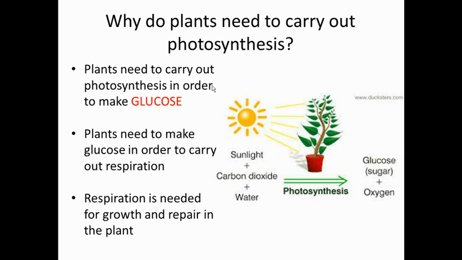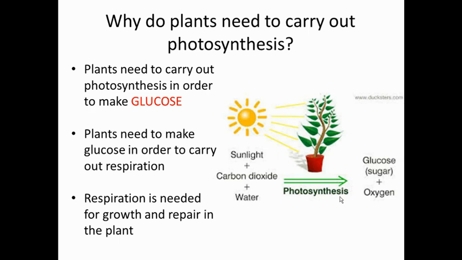We've said how they carry out photosynthesis, but why do they need to do it? Well, the plants need to get food. If we need energy, if we need food, we can eat, but the plant doesn't have that ability. So they need to come up with another way of getting that food. So they make it. They synthesize it, and that's the synthesis part of the word photosynthesis.